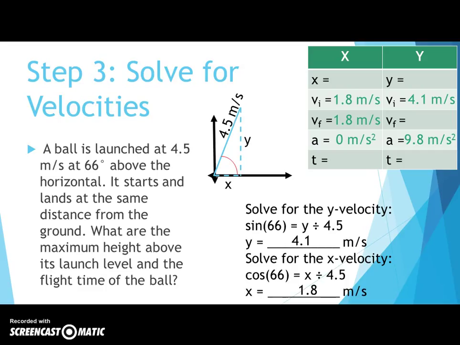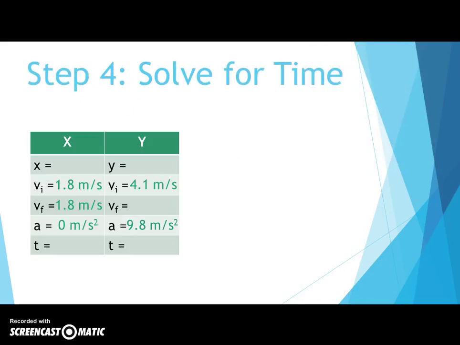Now we can go back and look at those same steps that we looked at for our horizontally launched problems. So the first step, of course, is solving for time. In this case, we're going to use the y direction. And we are going to pretend like we are throwing this object, and once it reaches the top, we're going to use VF as 0.